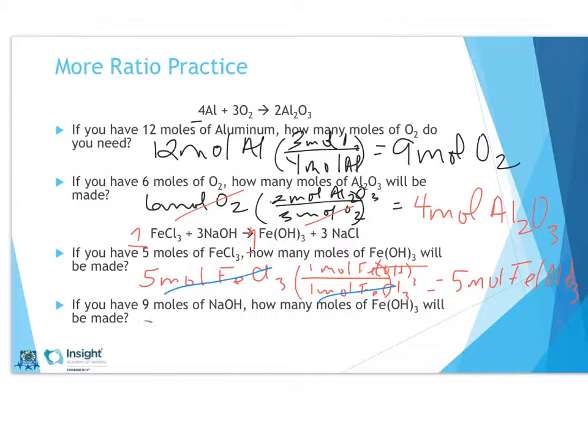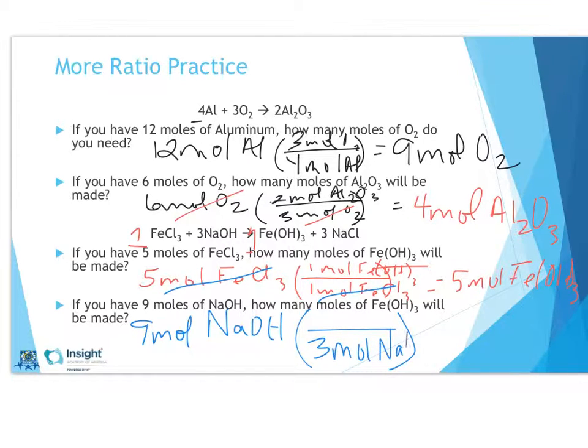So next one, I have 9 moles NaOH. And then to cancel it out, I'm going to put the 3 moles of NaOH from the equation in here, because we have that coefficient 3. Then we're going to FeOH3 again, so that's going to stay 1 mole.